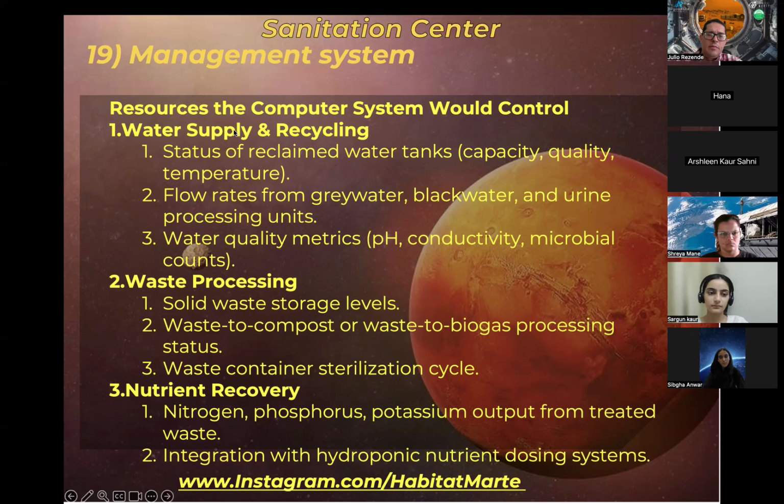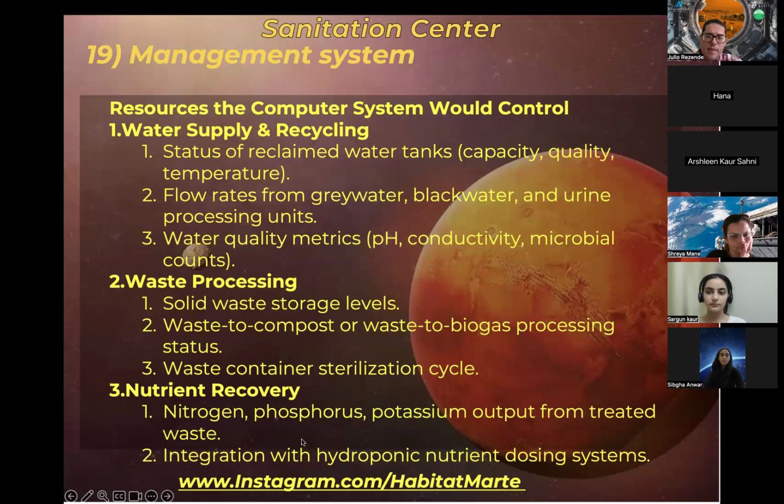A system would control the levels and status of water supply and recycling, how the flow of gray water and black water is going, and also bring information about waste processing: how many kilos were processed, how many kilos of plastic are being recycled, how many nutrients are being recovered.